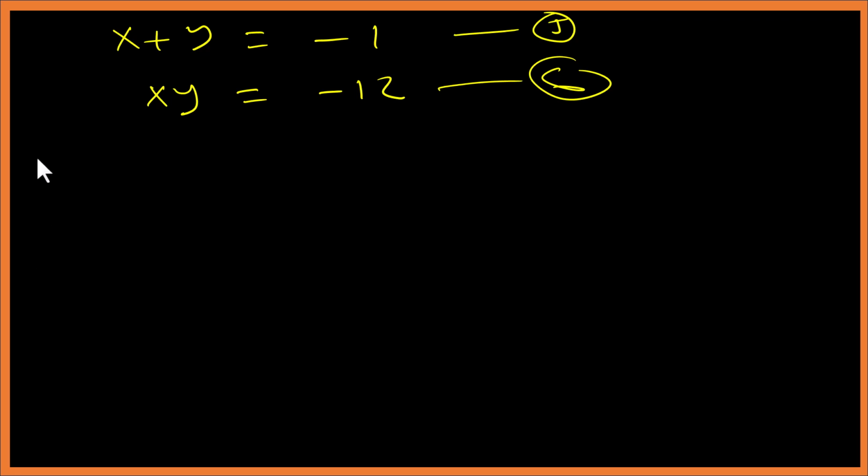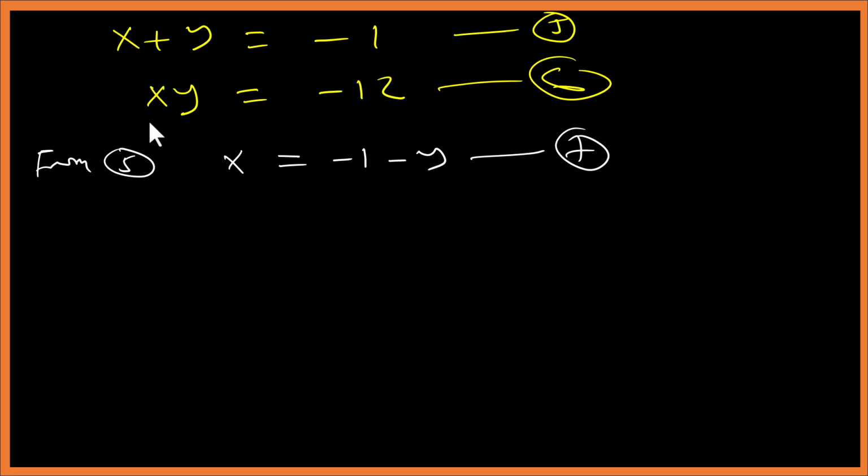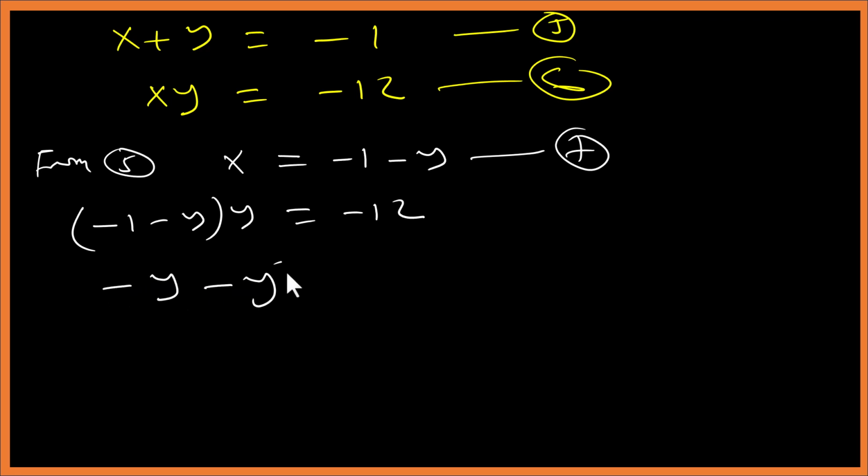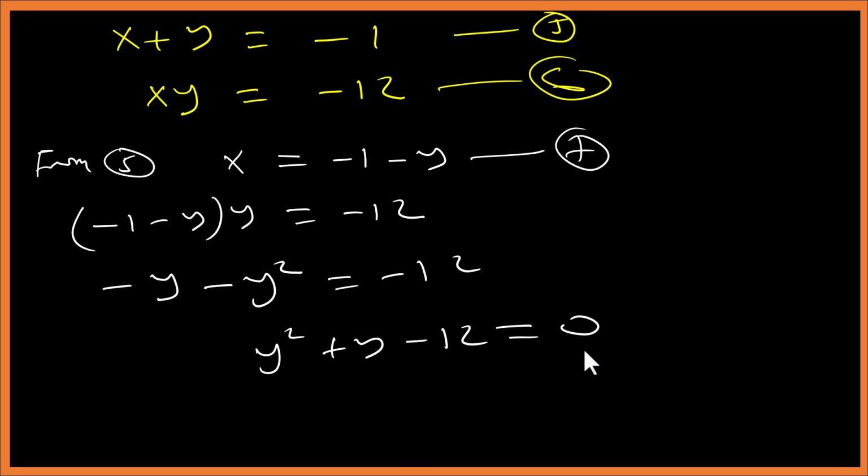Now from equation 5, x is the same as -1 minus y. That will be the seventh equation. Put 7 in 6. So we have -1 minus y times y equals -12. Minus y squared equals -12. So the same as y squared plus y minus 12 equal to 0.